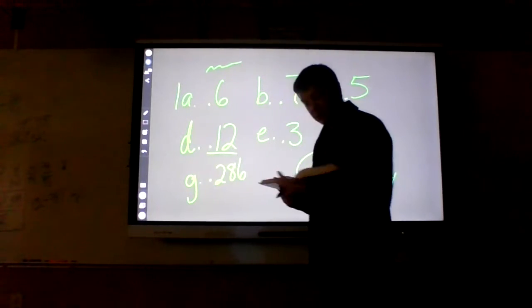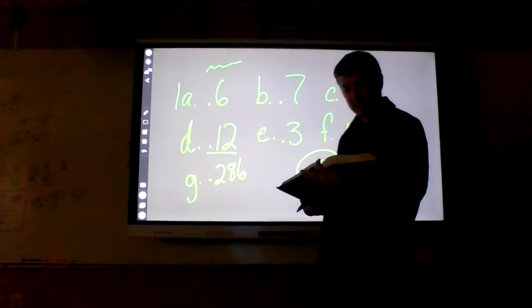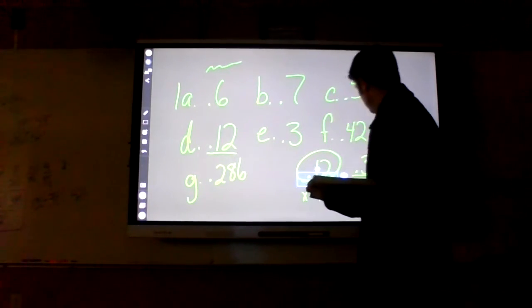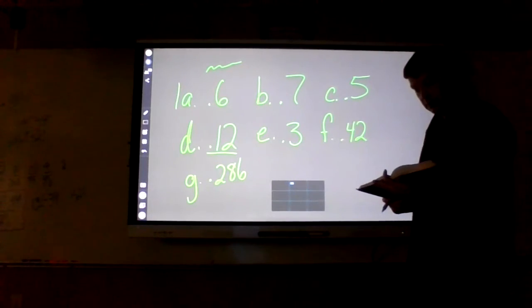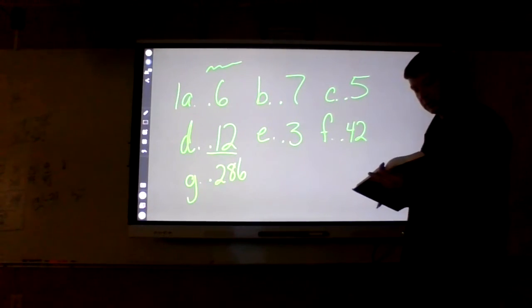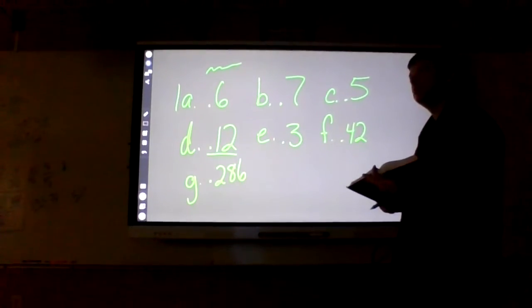I bet B is probably pretty similar. What's the probability that not X will happen, given that Y does happen? So that's 30 over 42. That's 0.714.